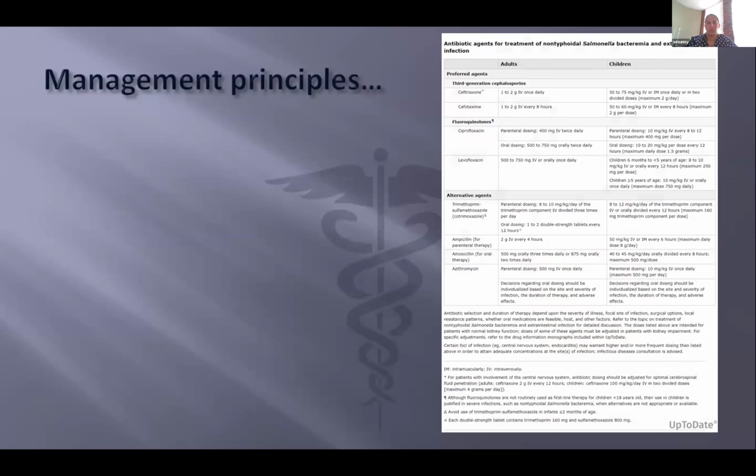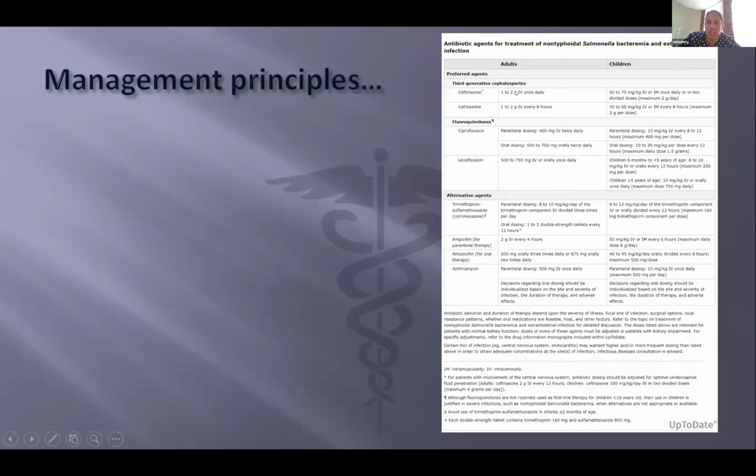When it comes to management principles, I've just taken this off UpToDate to give a broad idea of generally what antimicrobials we have available for non-typhoidal salmonella. It will obviously depend on your local susceptibility data, and the specific susceptibilities of the species that you have isolated.